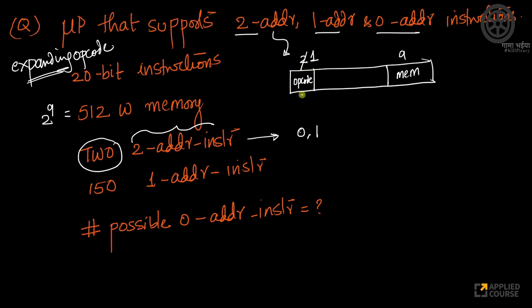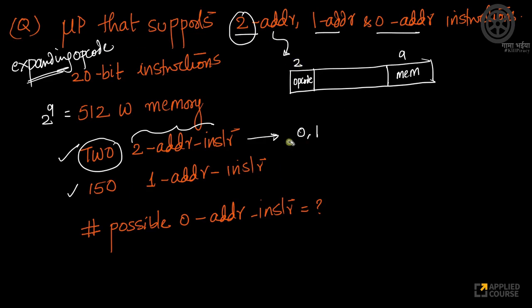If my most significant bit is 0 or 1 and it represents a 2 address instruction, then I can't differentiate between 2 address instructions and 1 address instructions. So it can't be 1 bit. It has to be at least 2 bits.